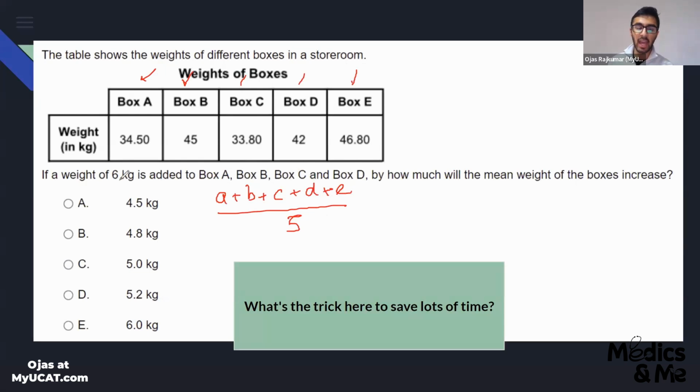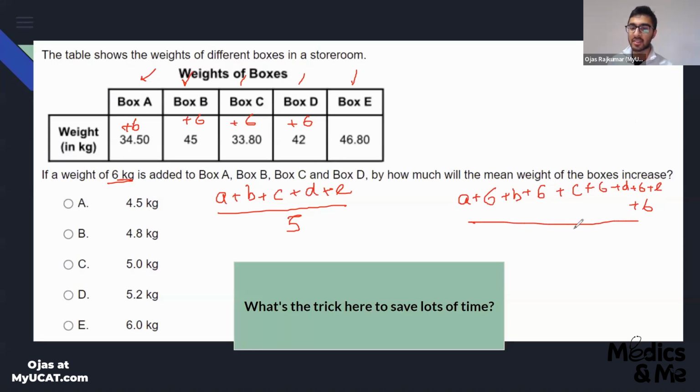And what we're saying is we're adding 6 kilograms to each of these boxes, A to D. So we're adding 6 to A, 6 to B, 6 to C, and 6 to D. And so how we would write the new one would be A plus 6 plus B plus 6 plus C plus 6 plus D plus 6 plus E, divided by 5.